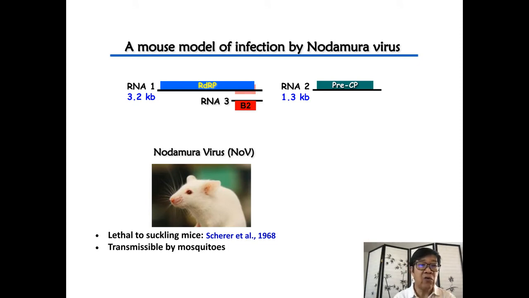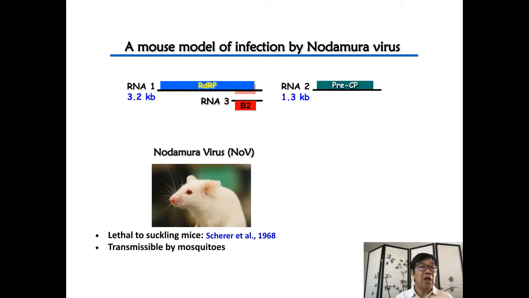RNA1 encodes 2 functional proteins, RNA-dependent RNA polymerase and B2, from 2 partially overlapping reading frames. So B2 and RdRP are not encoded in the same reading frame.